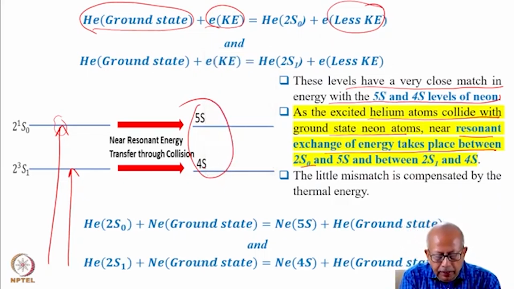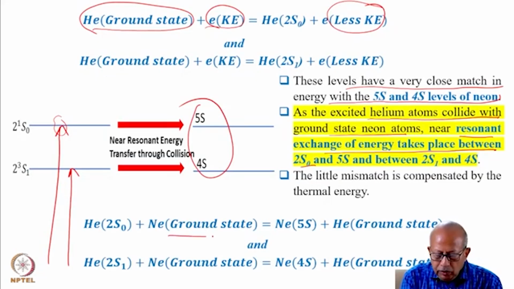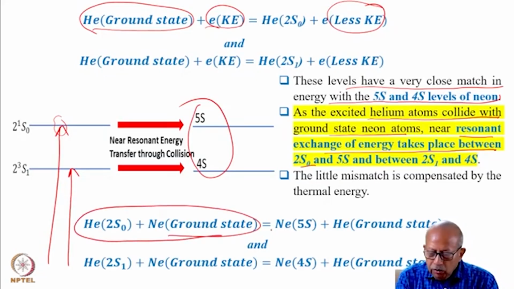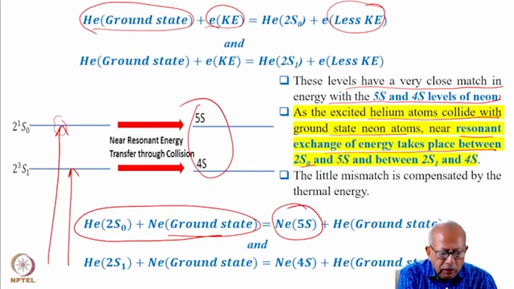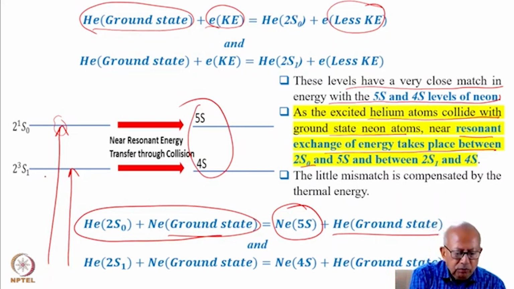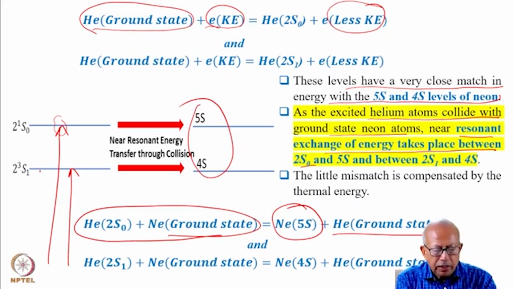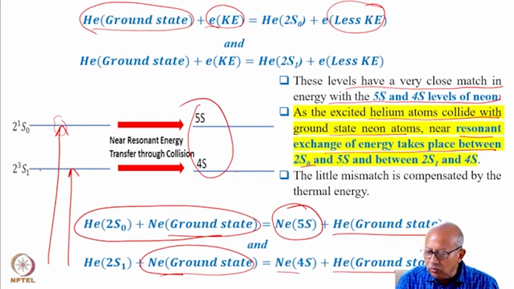So when helium collides with the neon ground state atom, the neon is transferred to the upper laser level and helium comes down to the ground state. Similarly, helium from this state, when it collides with ground state neon, excites neon to its upper level. There are two upper levels here, and helium goes down to the ground state.